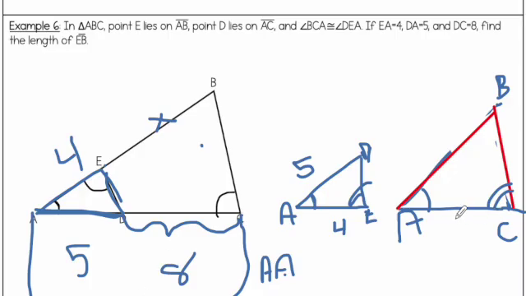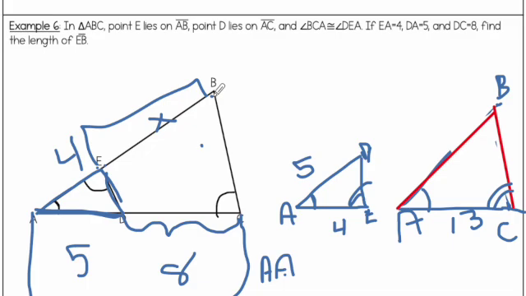So we know that this is 13. And we want to find a piece of this line, but not the whole line, right? Well, there's a couple of different ways we could do it. We could actually find the whole line and then just subtract 4. So let's find the whole line of AB.